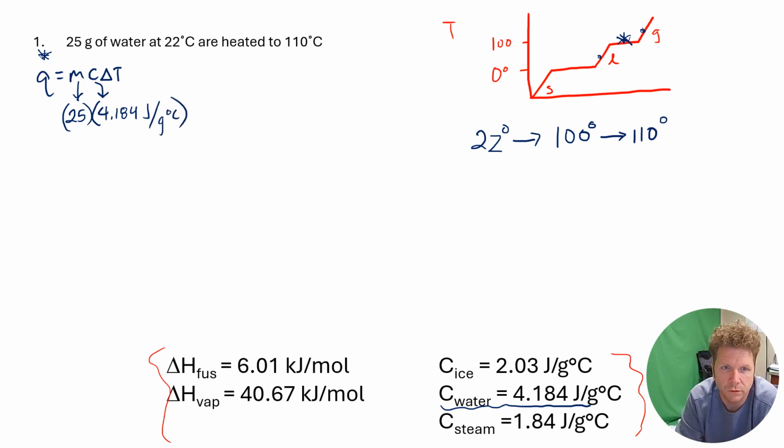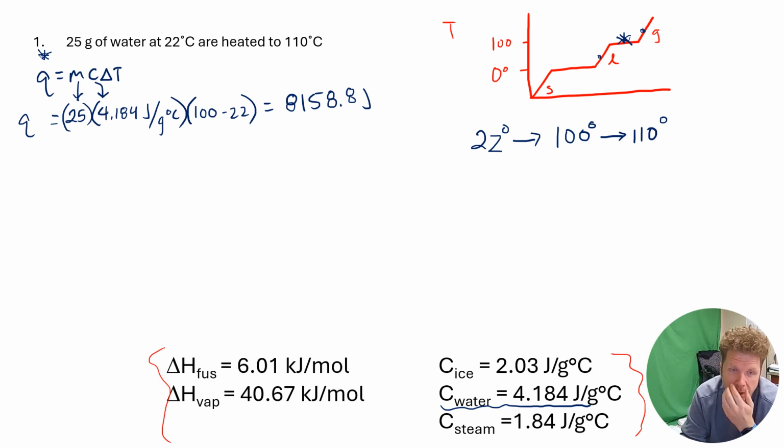And then my temperature change is 100 minus 22. This is going to give me the Q value. If I plug in 25 times 4.184 times 100 minus 22, which is 78, I get Q equal to 8158.8 joules. So 8,158.8 joules of energy are required for this.